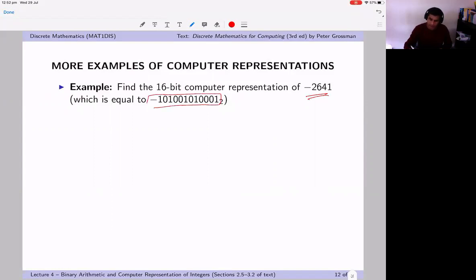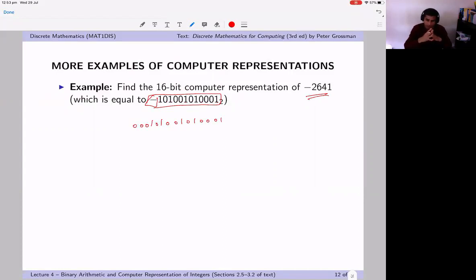It says it is the negative of 2,641. Now, how many bits? 1, 2, 3, 4, 5, 6, 7, 8, 9, 10, 11, 12. So I would add 1, 0, 0, 0, 1, 0, 1, 0, 0, 1, 0, 1, and then add 3 zeros in it to make it 15 bits.